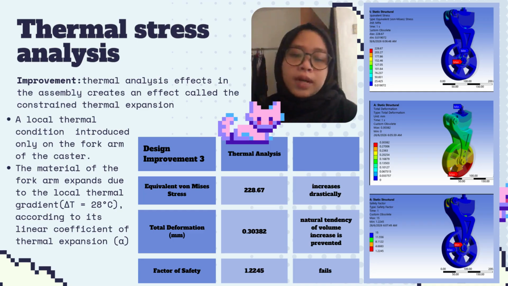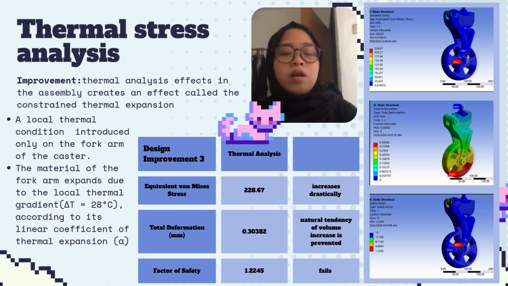The structural boundary condition transforms the thermal strain directly into higher internal stress. That stress increased drastically to 228.67 MPa. This concentrated stress region is localized between the rigid clamp and the sharp notch, where the expanding forearm pushes on the rigid boundary.